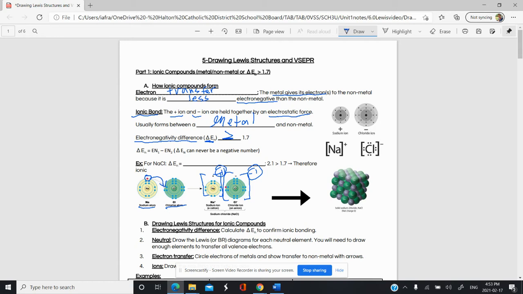So we do 3.0 minus 0.9. It gives us 2.1. So since 2.1 is greater than 1.7, that means that we are dealing with an ionic bond and there will be a transfer of electrons. And so we will get our cation and our anion, and they'll be attracted to each other.